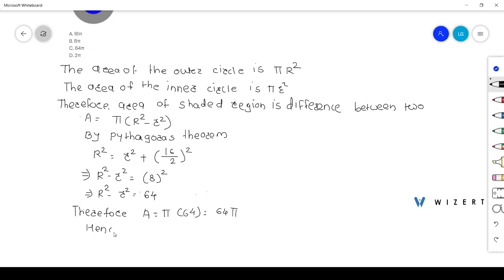Hence, area of shaded region is 64 pi. And from available options, we have option C as 64 pi.